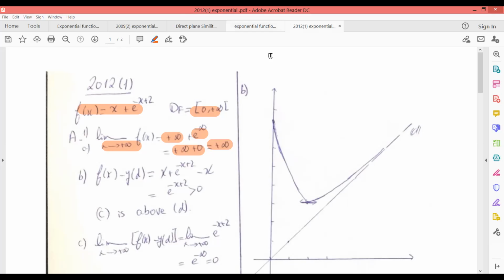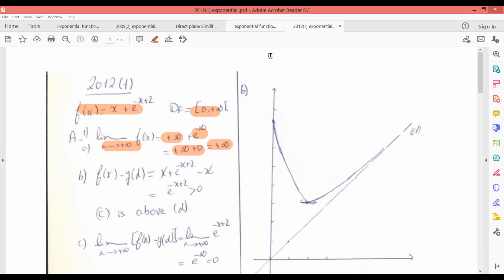Part 2a, calculate f prime x and set up the table of variations. What is the derivative of f(x)? This f(x), what is the derivative of it? u prime v plus v prime u. No, it is not a product. This is a sum.